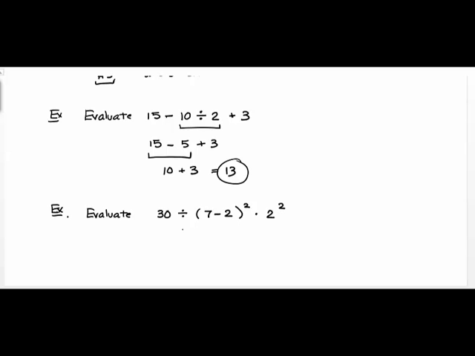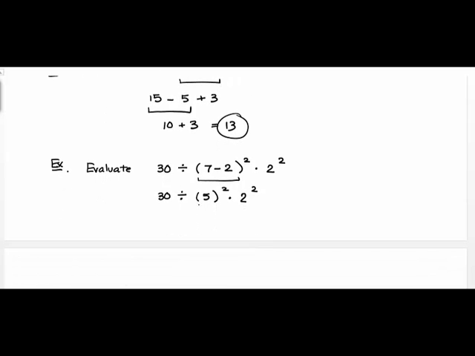Okay, so again, if I go from left to right, the first thing I spot is something inside parentheses. So I don't change anything else. I have 300 divided by, and I'm going to have 7 minus 2, which is going to be 5, squared times 2 squared. Okay.